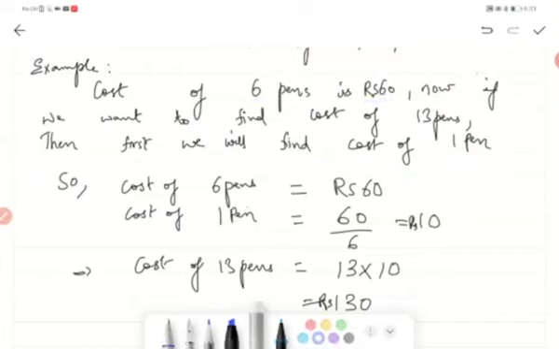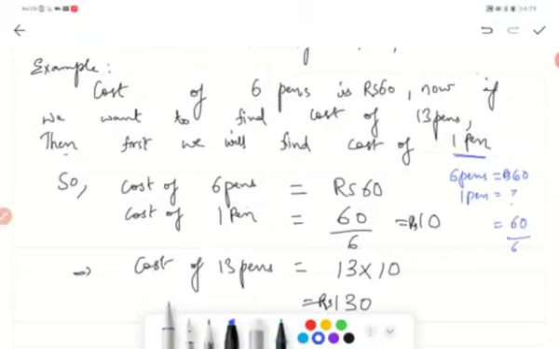If I use my unitary method, first I will find the cost of 1 pen. So the cost of 6 pens is 60 rupees. Now the cost of 1 pen will be how much? This is nothing but 60 by 6.